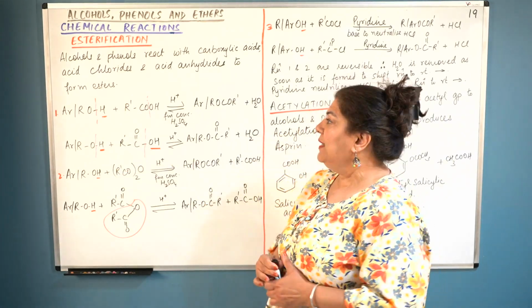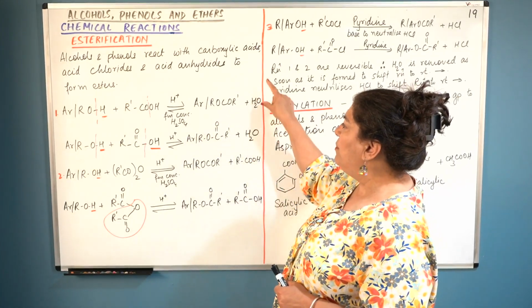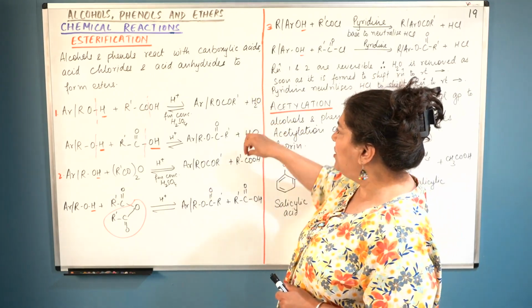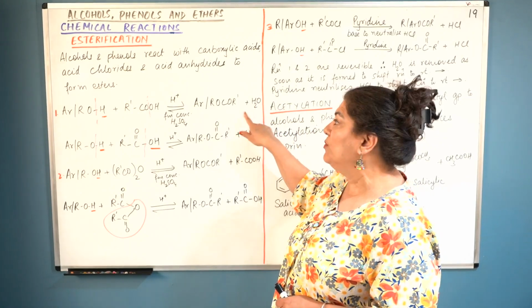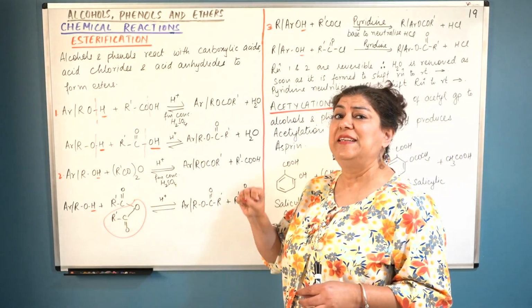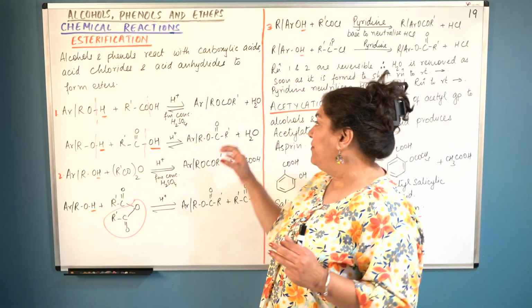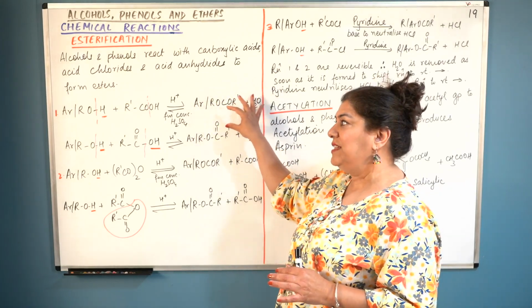So in the first reaction, what we do is keep removing the water molecule. We keep removing the water that is formed immediately, so that the product is decreasing. And you have studied in chemical equilibrium that when you remove the product, the concentration of the product decreases.